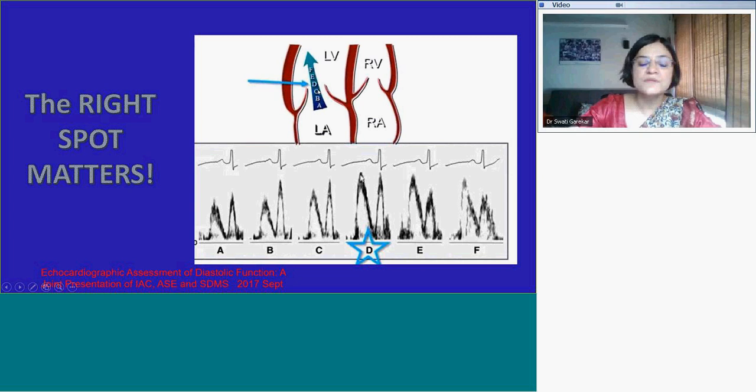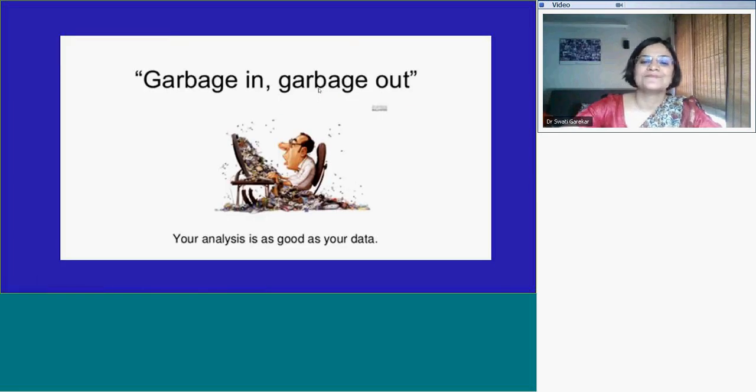It's important to keep the gate at the very tip. It doesn't have to be somewhere higher up in the LA. Garbage in, garbage out, your analysis is only as good as your data. Don't bother getting into the E/A ratio and other stuff if you haven't practiced getting good pulsed wave Dopplers.